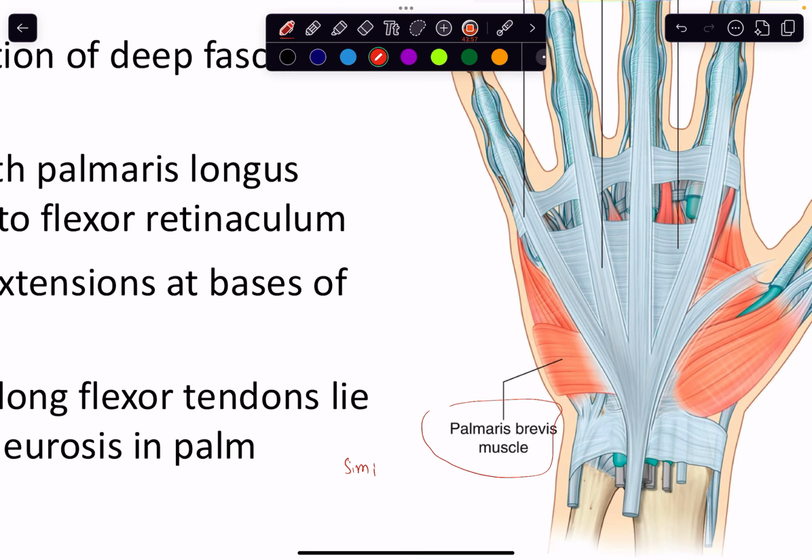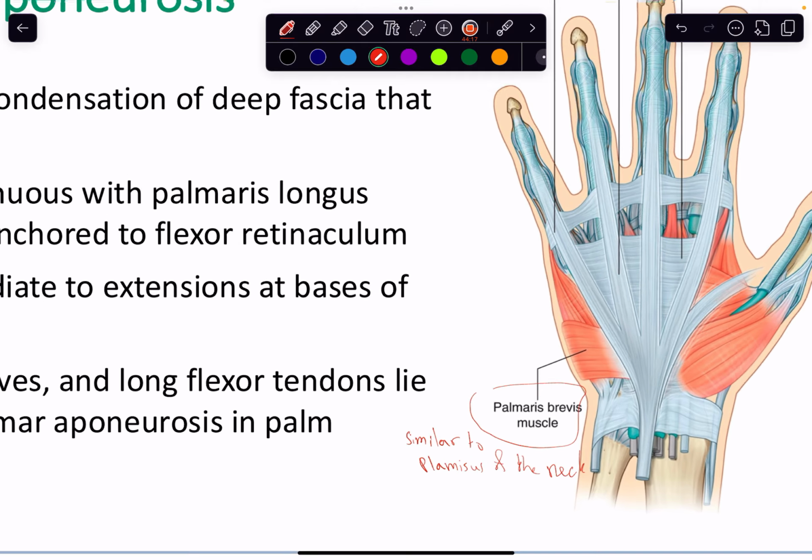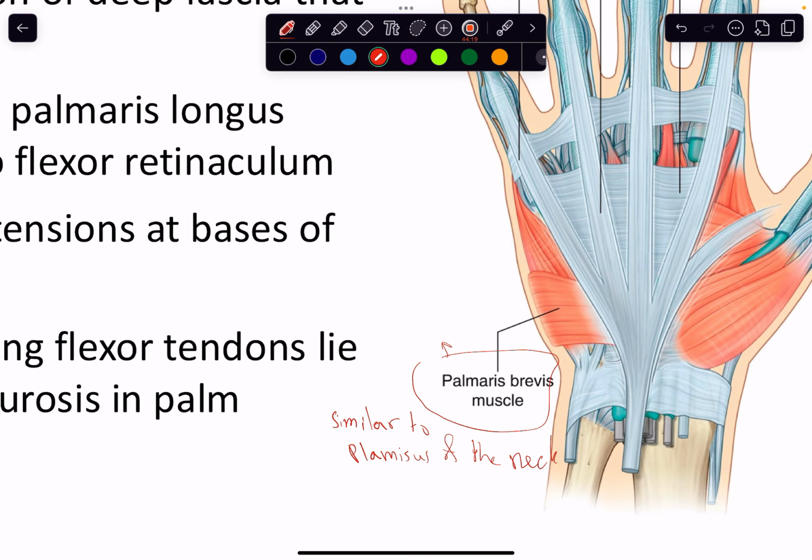So palmaris brevis is also taking origin from the palmar aponeurosis, flexor retinaculum, right? Here it covers the hypothenar muscles and on the medial side it inserts into the dermis of the skin, right? So this is a safety factor only.